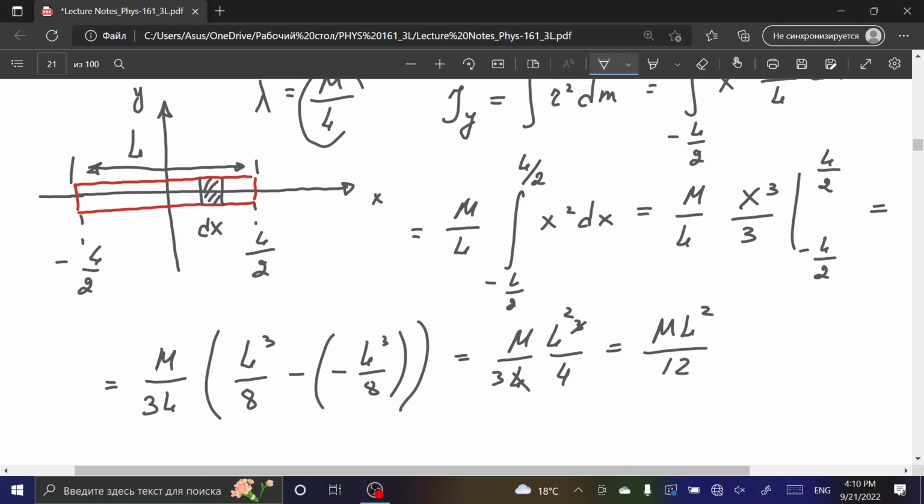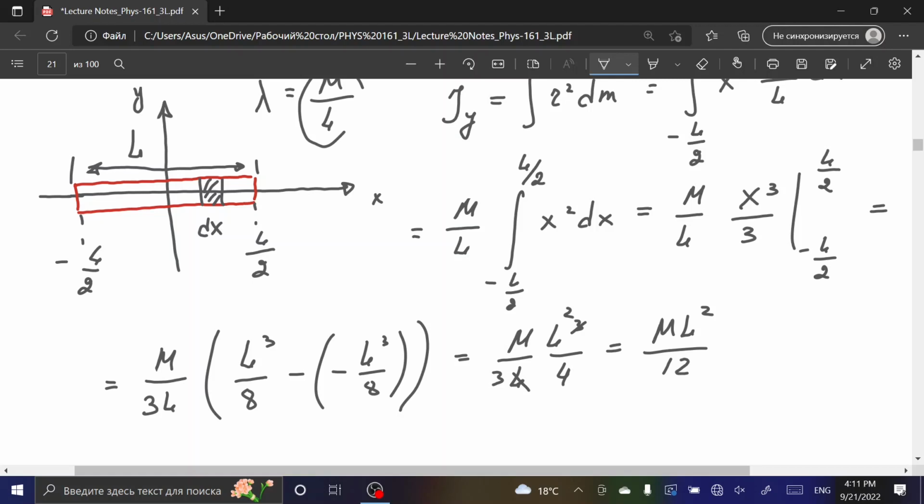That is how we apply the concept for calculating this moment of inertia, assuming that we have a continuous body. What is important to mention here is that it is always easy to calculate moment of inertia when we have some symmetry. So in this case, we have symmetry with respect to axis y, and that is quite a simple task.